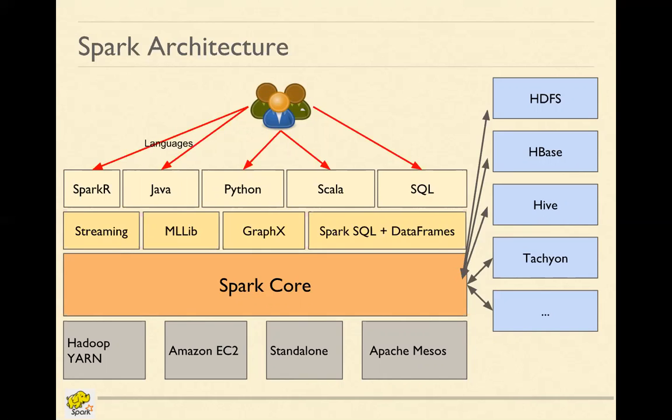So Spark has many components. One is Spark Core, the main engine which runs on top of Yarn and other frameworks, and it can read data from Hive, HBase, and HDFS.